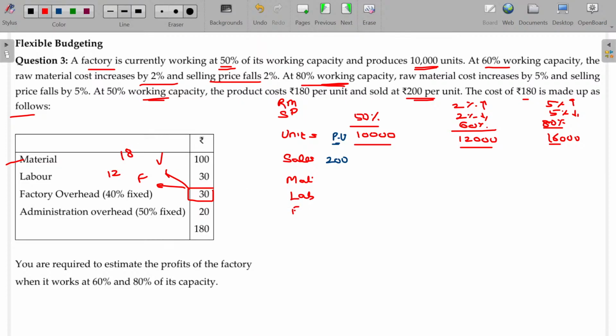So factory overhead, variable nature, 18 rupees per unit, and administration overhead, 50% fixed and 50% variable. Is that okay? 10 rupees. Okay. Similarly, fixed overhead, admin overhead, fixed nature.